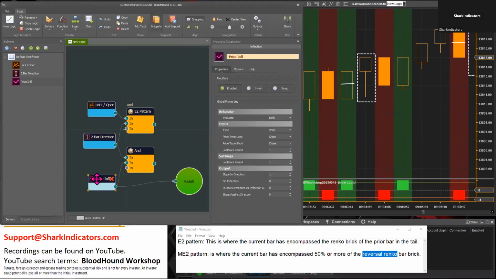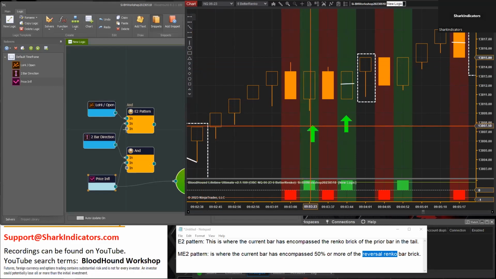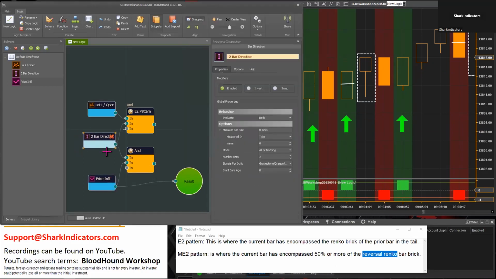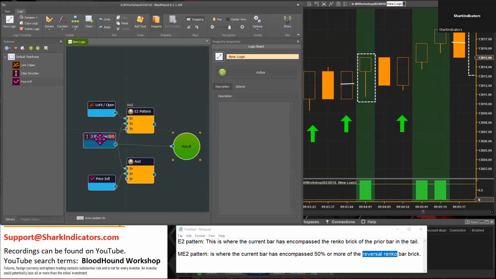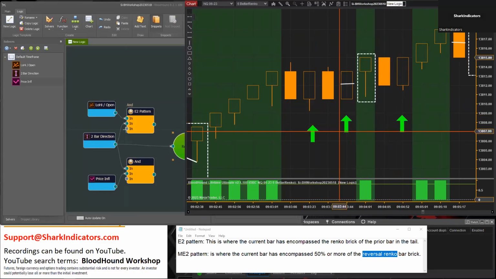Well, if we look at the inflection, we're getting a long signal there, a long signal there, and a long signal there. Now, if we look at the bar direction, let's connect that up to the result node. Look, the long output of the bar direction doesn't match the price inflection.